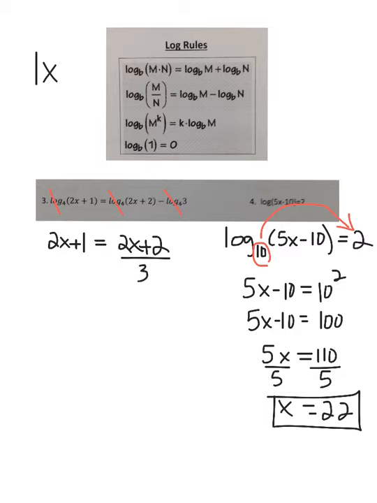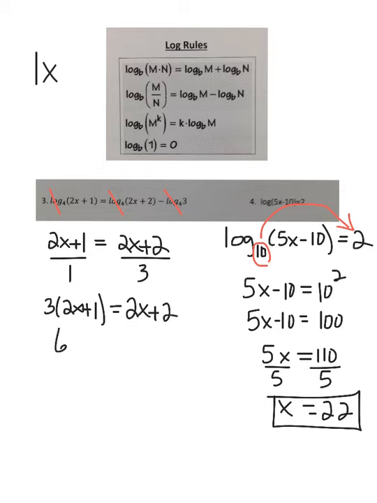So you're applying the quotient rule. When you see subtraction with logs, you divide. Now, don't panic on this one because I'm just going to put that thing over 1 and cross multiply. So that's going to give me 3 times 2x plus 1 equals 2x plus 2. Now I just have to solve.